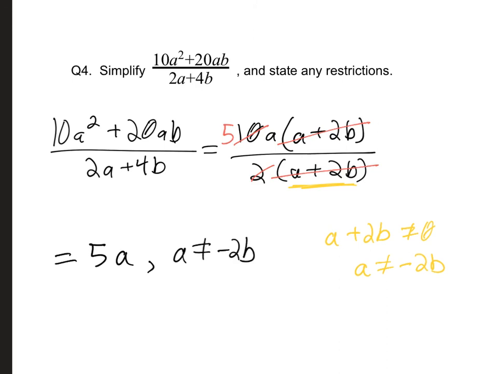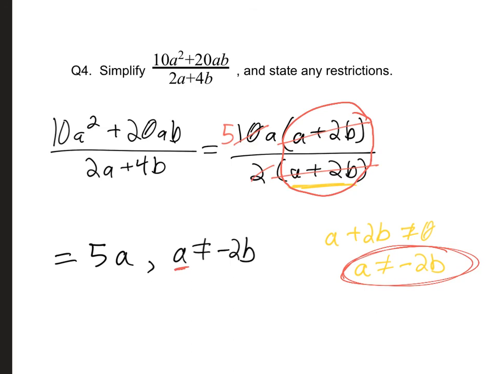Because when I stated earlier that a plus 2b divided by a plus 2b is equal to 1, that is only true when a is not equal to negative 2b, because if it is, that will set our denominator equal to 0, and we're not allowed to have 0 divided by 0. So, our final answer, 5a, with the restriction a cannot be equal to negative 2b.